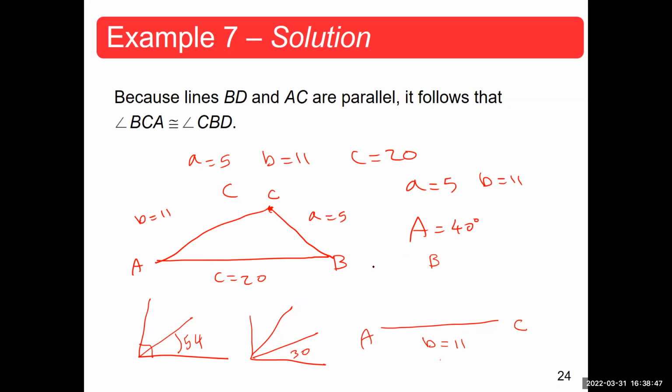So if this is 40, it's almost 45. So basically if this is 90 and this 45, then maybe this is 40. So I say this is 40.